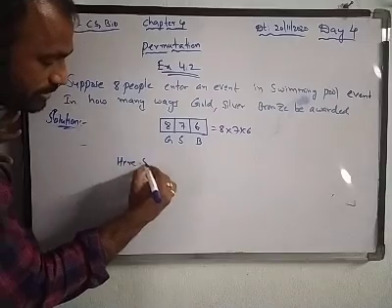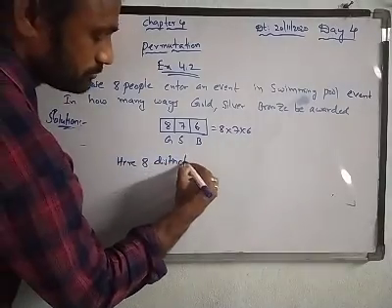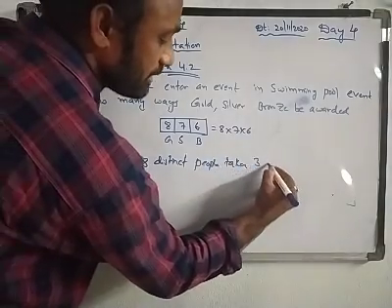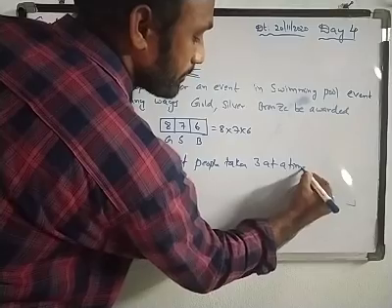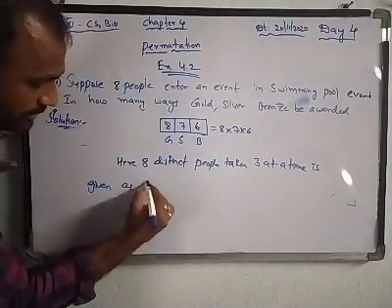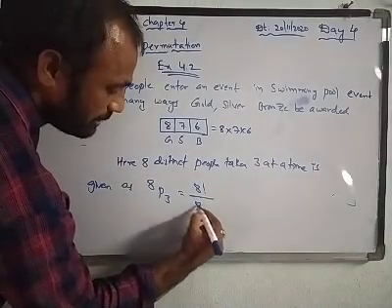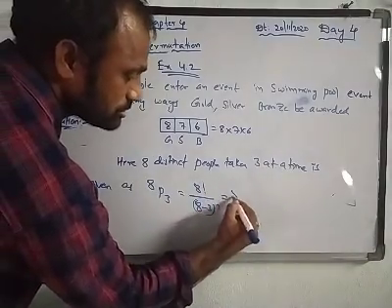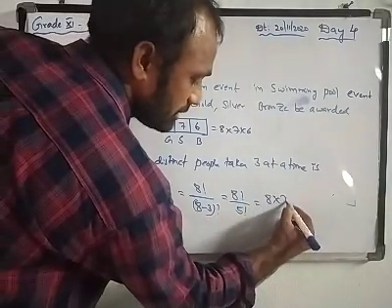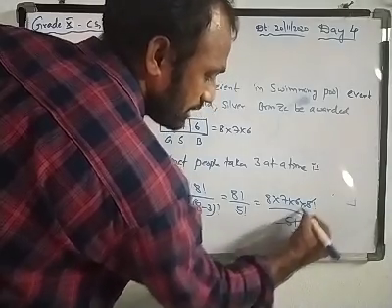Here 8 distinct people taken 3 at a time is given as 8P3, that is 8 factorial by (8 minus 3) factorial. That is 8 factorial by 5 factorial, which is 8 into 7 into 6 into 5 factorial by 5 factorial, which gets cancelled.